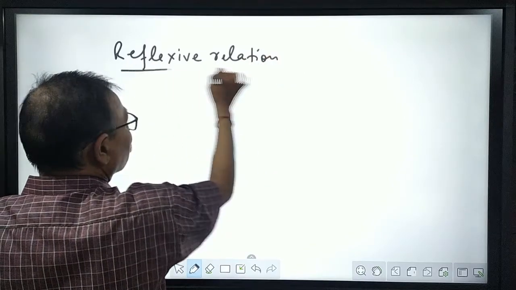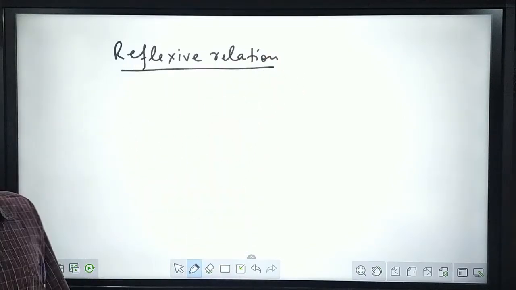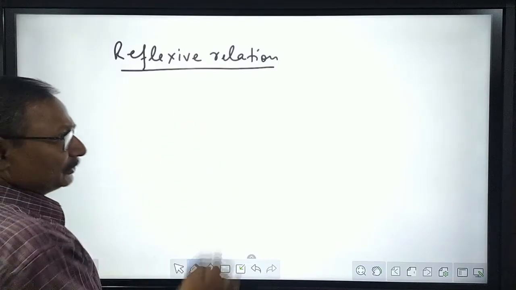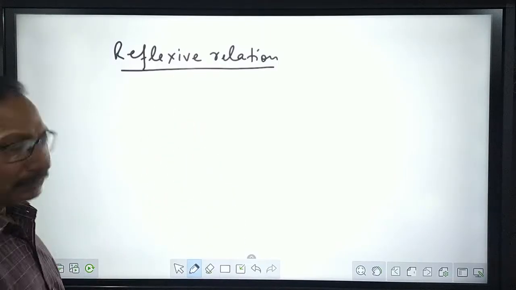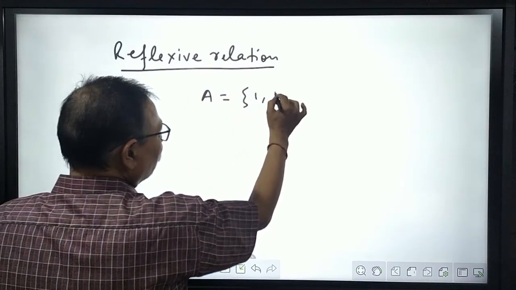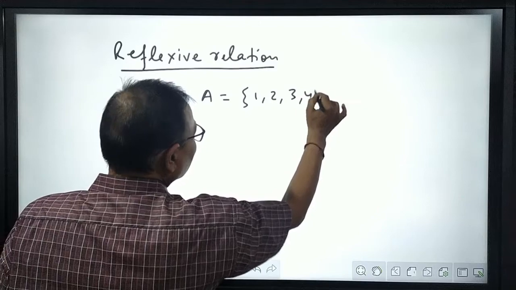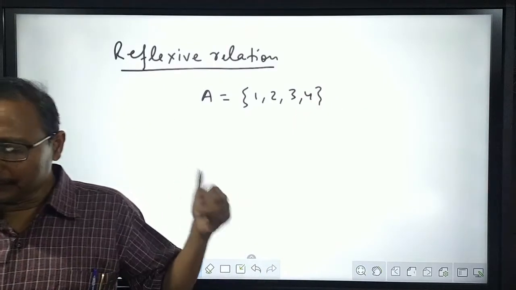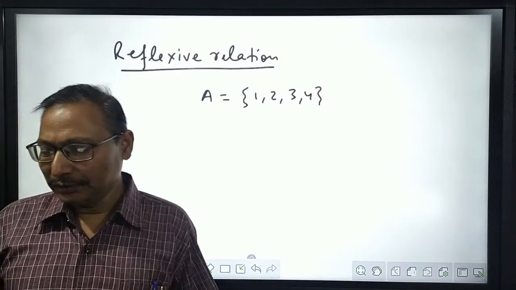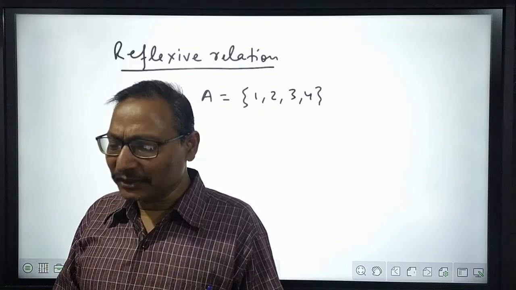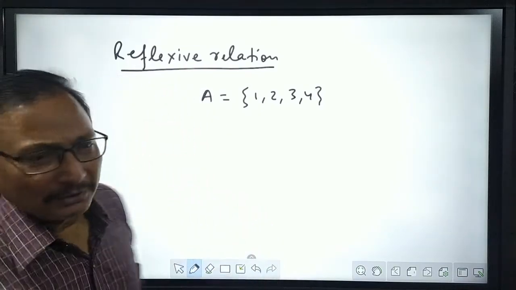As you know, a relation is called reflexive when every element of the first set, let the set be A having elements 1, 2, 3, 4, is self paired, that is, related to itself.